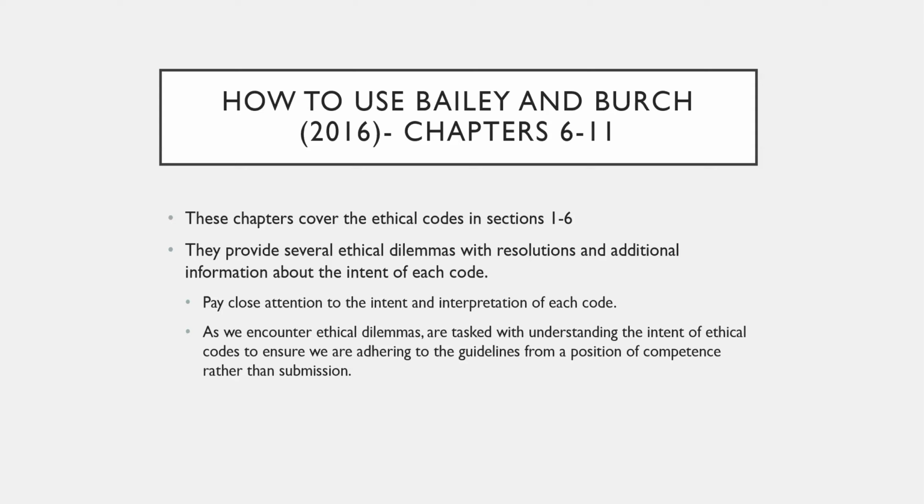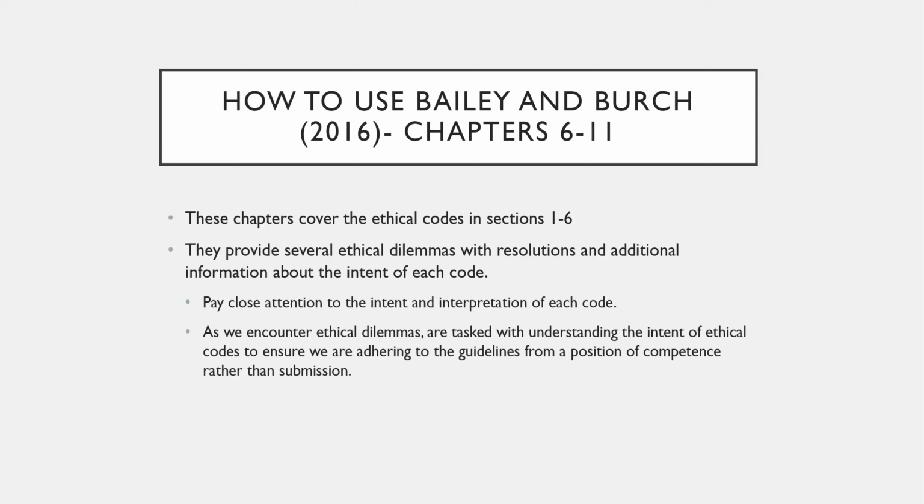However, when we understand the intent of the code is to keep us outside of the slippery slope of engaging in a multiple relationship: when we start to accept gifts, then we start to engage in a relationship that has a quid pro quo in addition to payment for service, and that can result in multiple relationships that then cloud our objectivity and cloud our ability to create a therapeutic environment for a person.